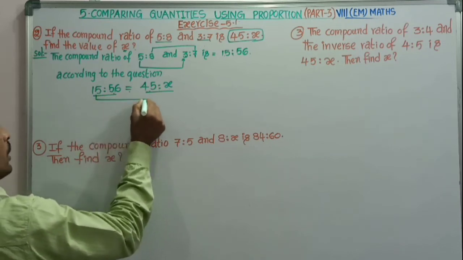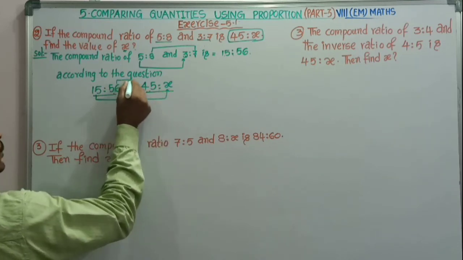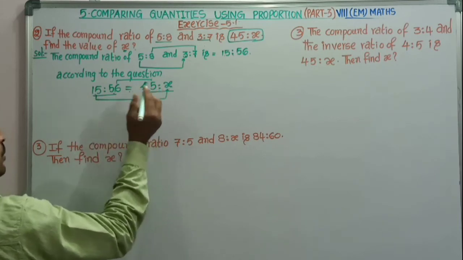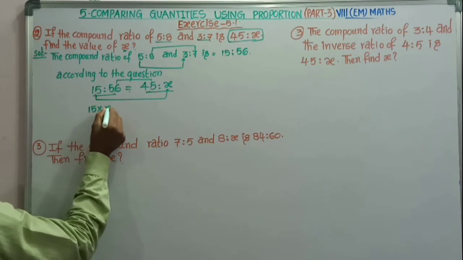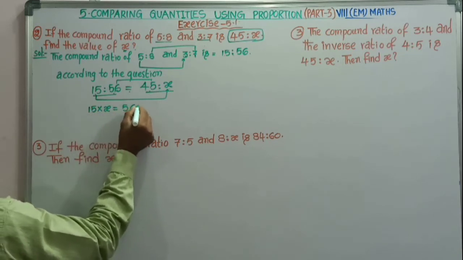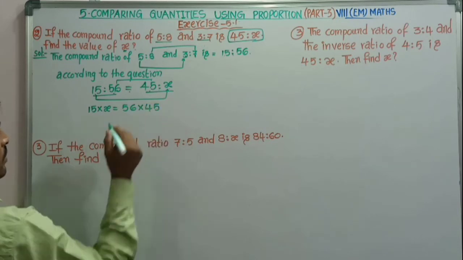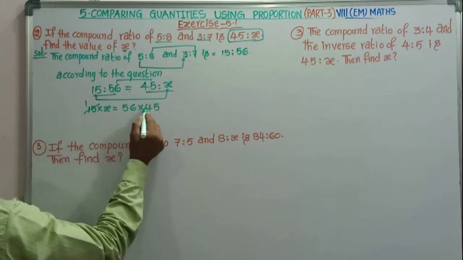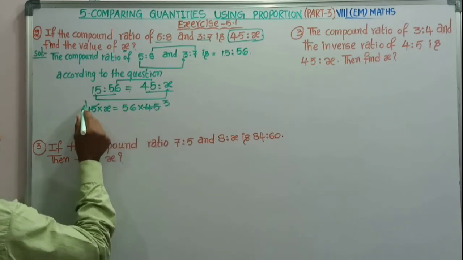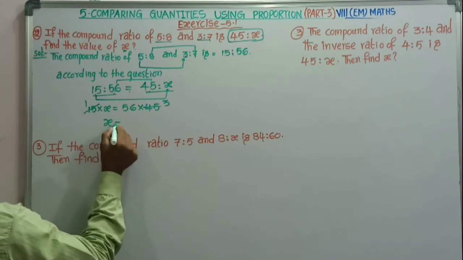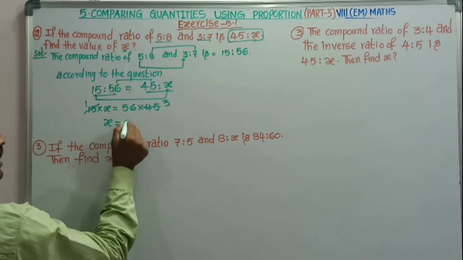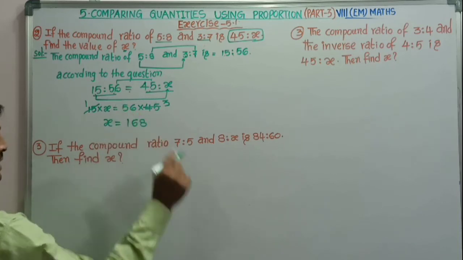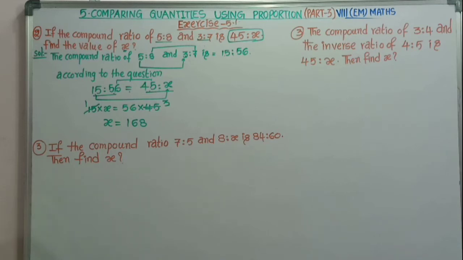When four numbers are in proportion, then we know that the product of extremes equals the product of middles. That is 15 into x is equal to 56 into 45. 15 ones are 15, 15 threes are 45. 1 times x is x. 56 into 3: 3 fifties are 150, 3 sixes are 18. So it is 150 plus 18, 168. So the x value is what? 168.